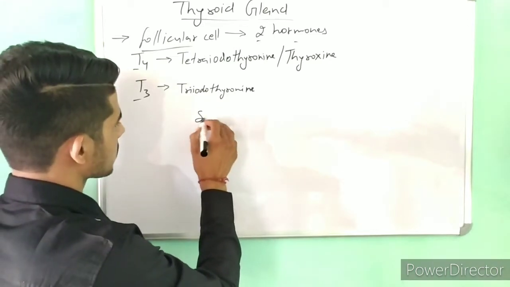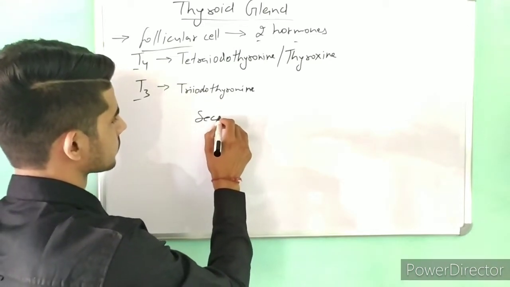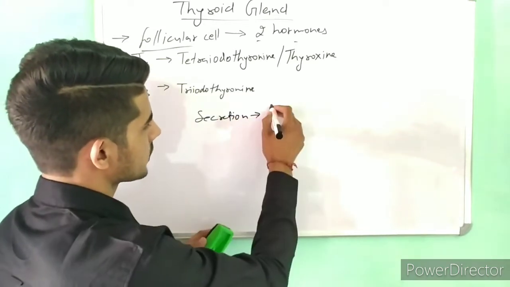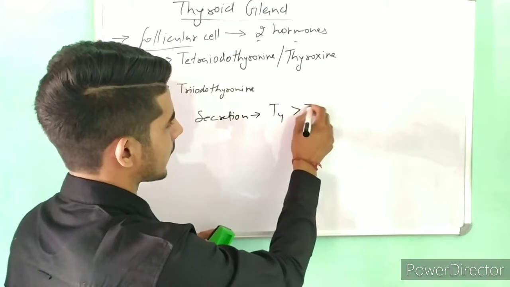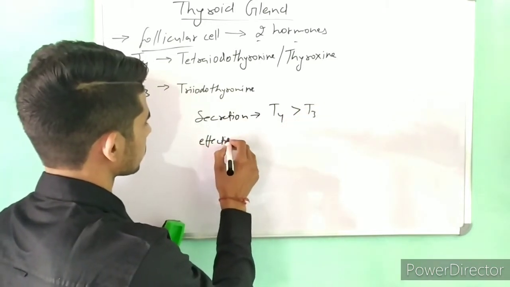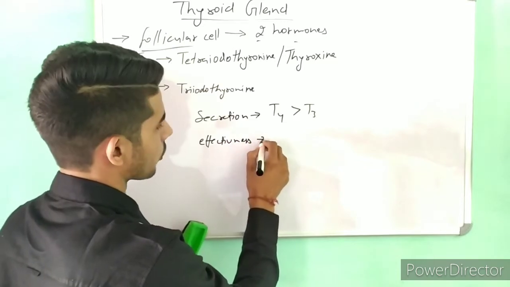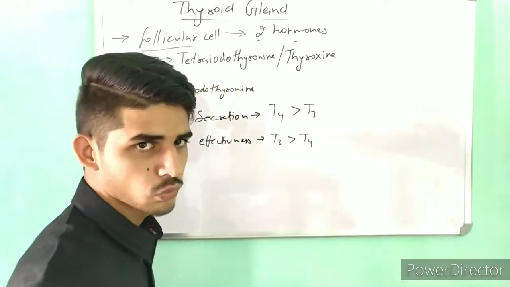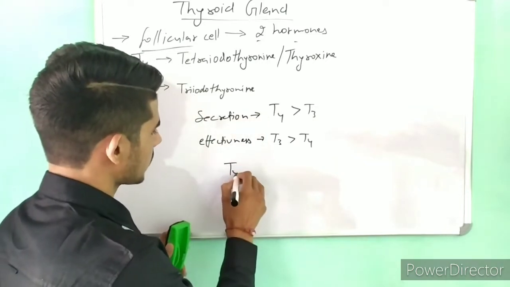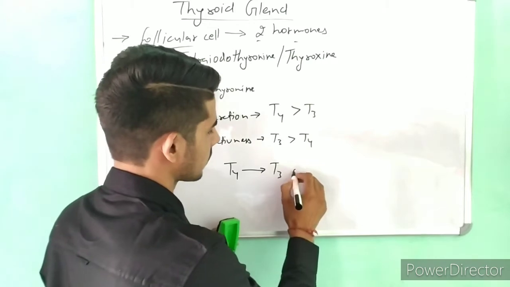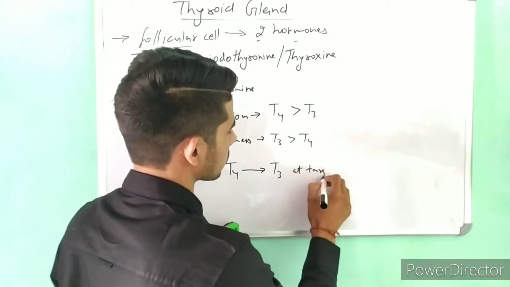Now, in the secretion of these hormones by the thyroid gland, T4 is secreted more than T3, but the effectiveness of the T3 hormone is greater than T4. That's why T4 is converted into T3 at the target tissue.